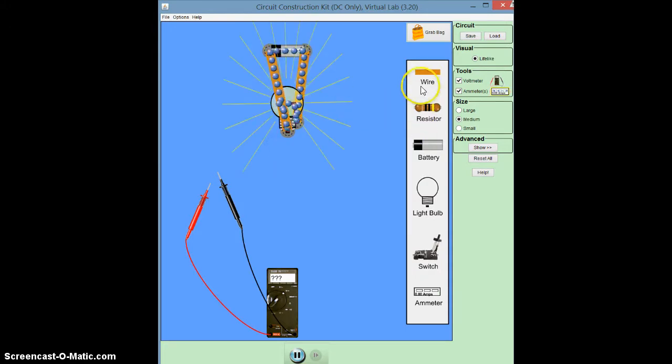So there's one loop, and here's the other one. So now I've got 2 separate loops, and then it says measure the volts across the battery and each bulb.